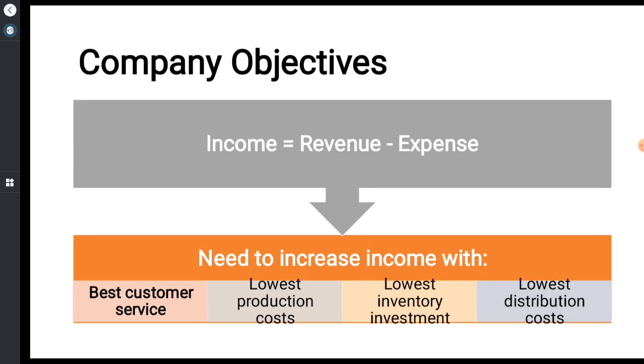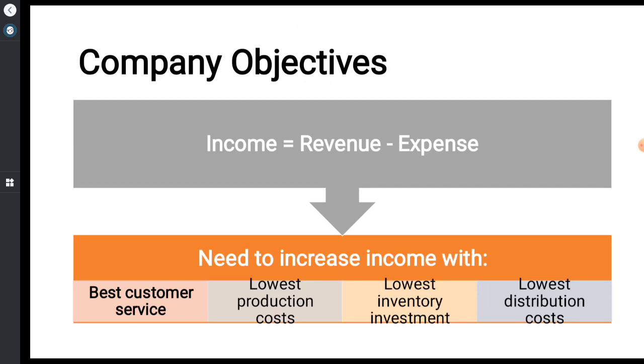This equation shows that there is an inverse relationship between profits and manufacturing costs, because income equals revenues minus expenses. So when costs rise, profits fall or decrease, and when costs fall, profits rise or increase.